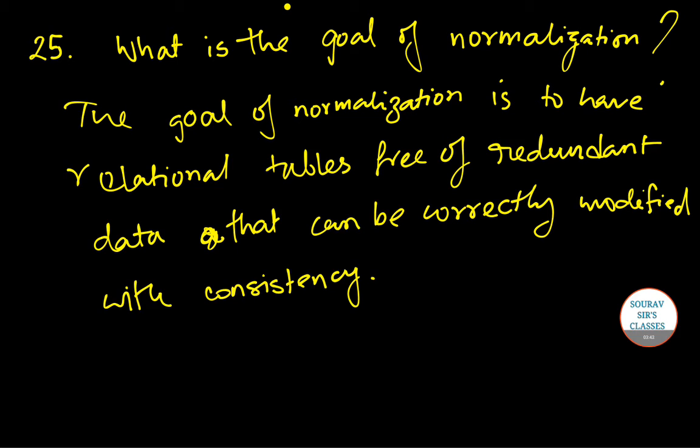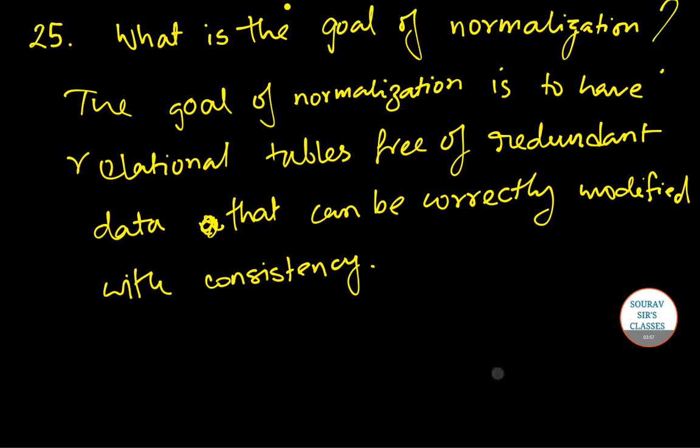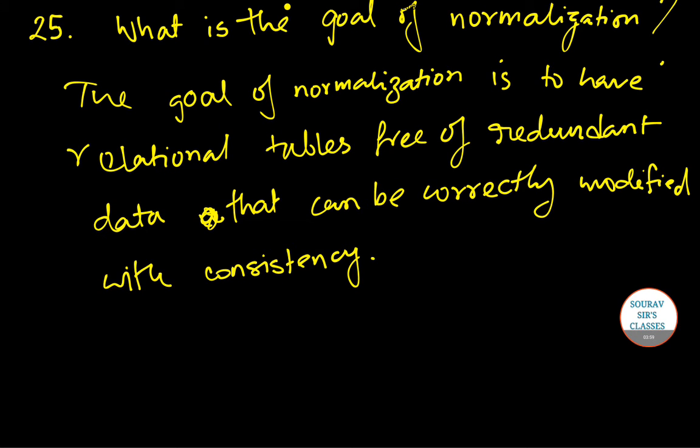So the goal of normalization is to have relational tables free of redundant data, that can be correctly modified with consistency. So that's it. Now moving on to the next question.